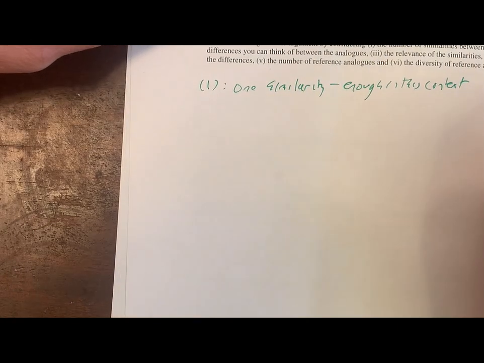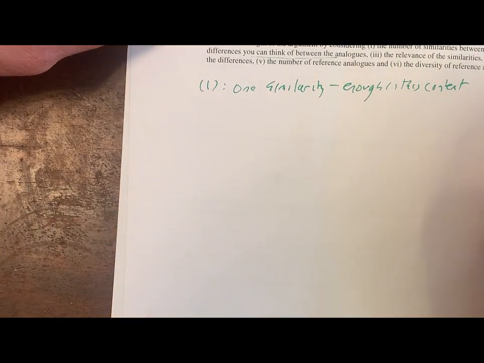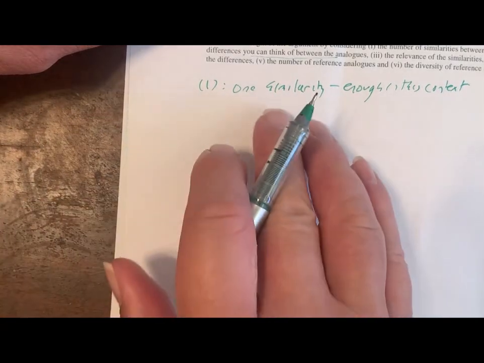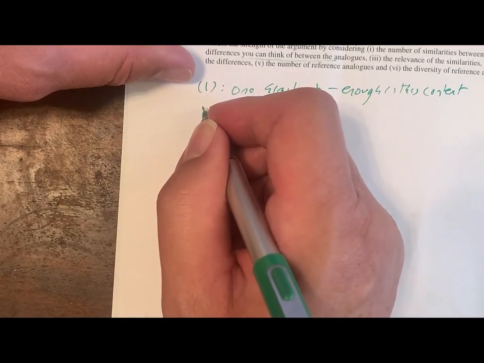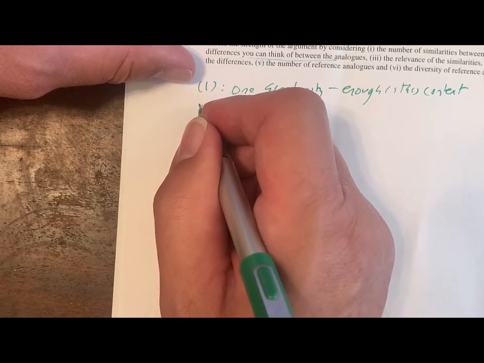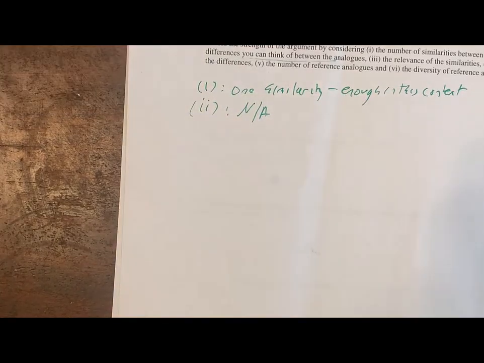Okay, and I just noticed that in this question, I've got the questions listed in a different order. I'm going to use the official order, and I'm going to change this on the question sheet before the exercise is due. So you should see these questions in the right order. So the next question is supposed to be about the diversity of the analogs, and that's not applicable since there's only one. That is the diversity of the reference analog.